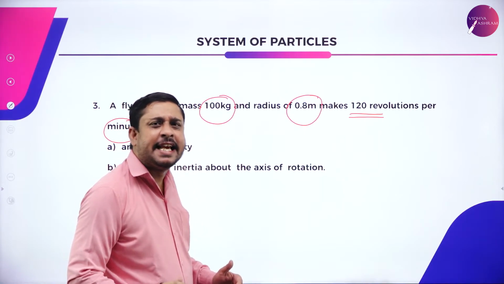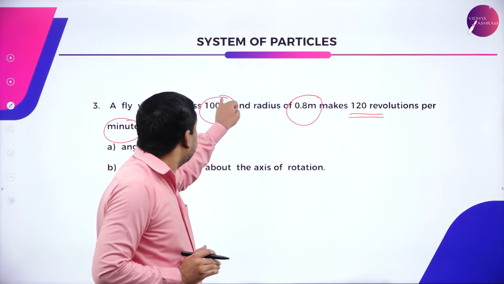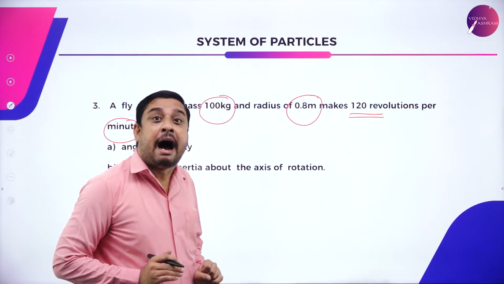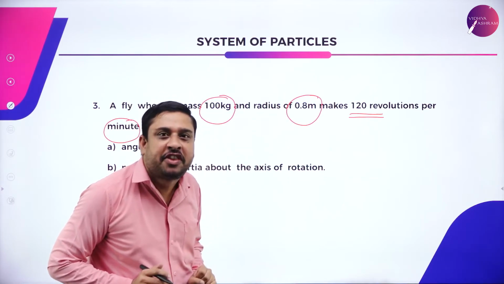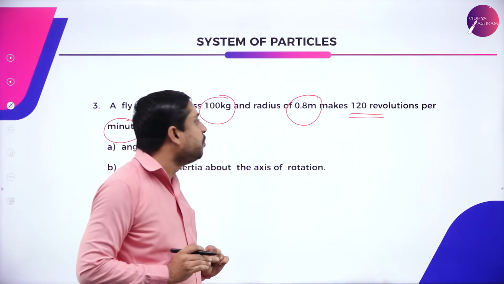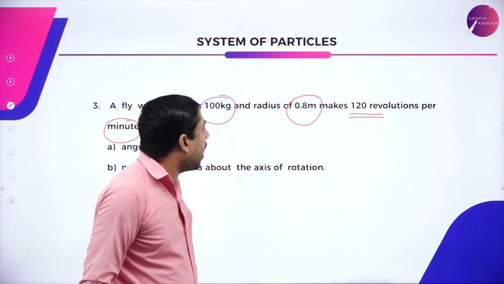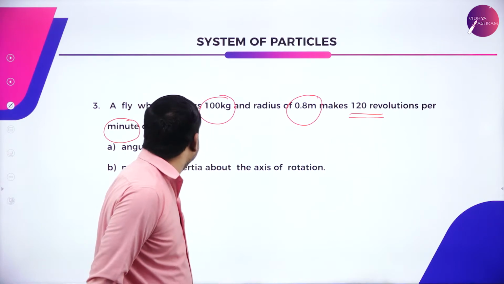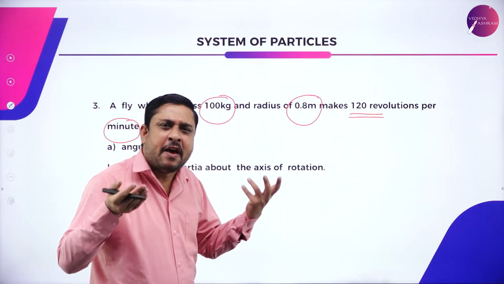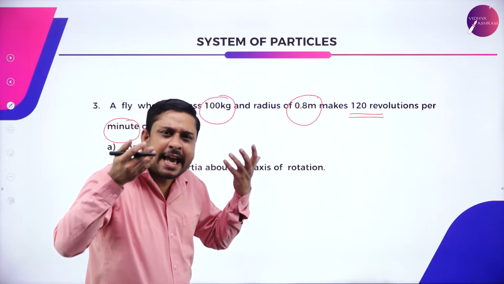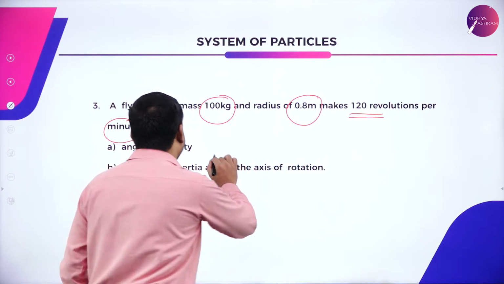Now, there is a flywheel of mass 100 kg, radius of the wheel 0.8 meter, and it makes 120 revolutions per minute. Again, the same way, every problem, the same data is given, same calculations have to be done.